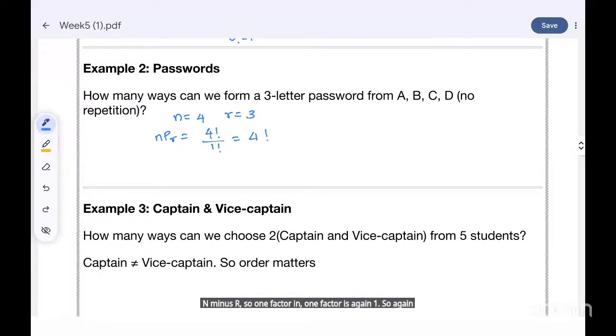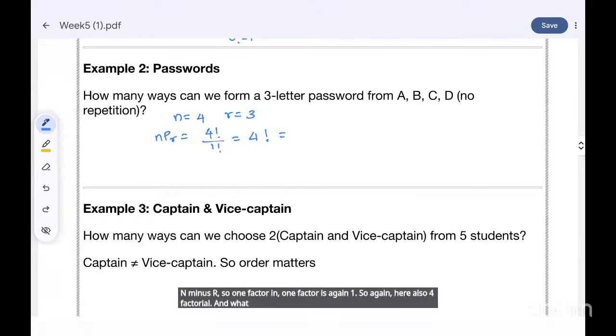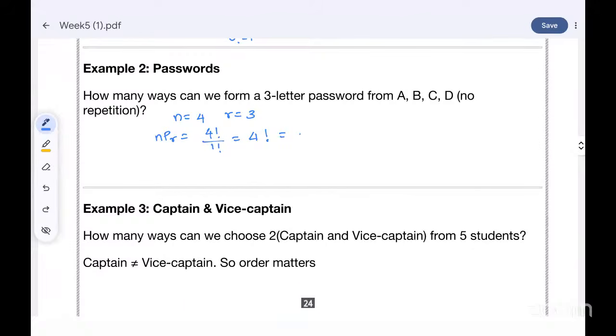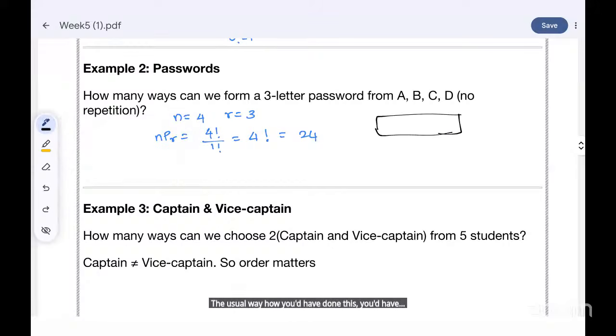So here also the answer is 4 factorial, which is 24. The usual way of doing this: you have 3 letters. For the first you have 4 different ways. Second, 3 because no repetition. And third, again 2. Which is the same as 4 factorial.